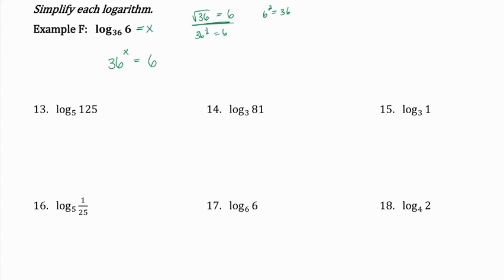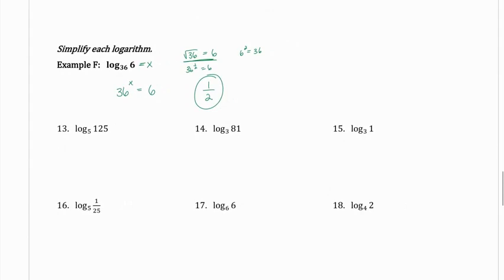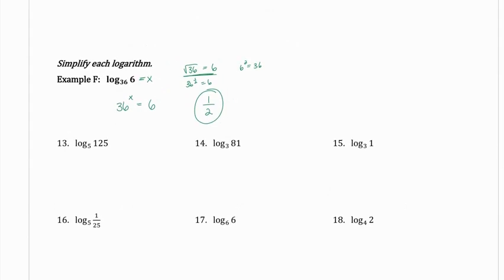Would equal 6. So in this case, that x would have to be 1/2. Okay? So think of the base to what power equals another number, right? 36 to what power equals 6? That'd be 1/2.